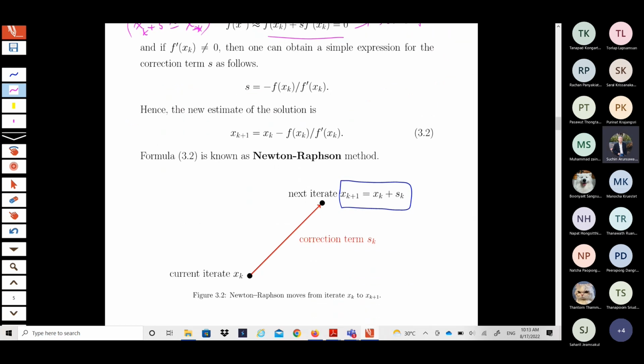From this we write the Newton-Raphson formula. Equation 3.2 is known as the Newton-Raphson method for scalar nonlinear equations, or the scalar version of the Newton-Raphson method for solving nonlinear equations.